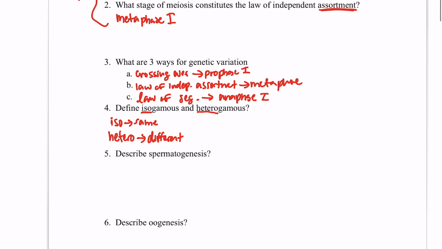And this root word, gamous, means gametes. So when we see isogamous, that means across male and female, the morphology of the gametes are the same.